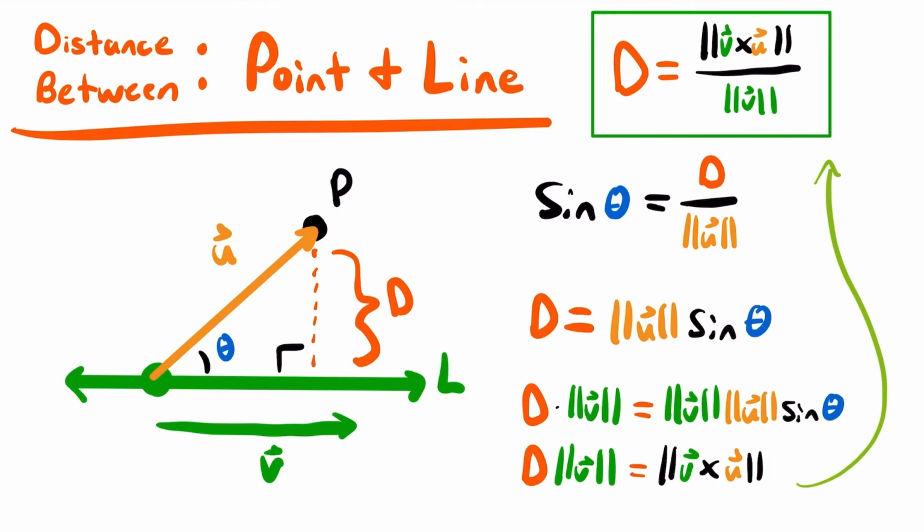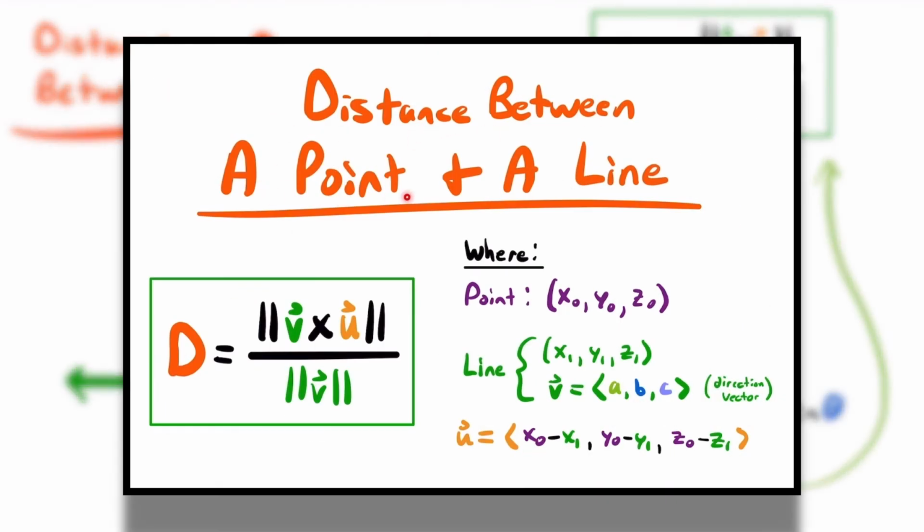Okay, and so to summarize, if you want to find the distance between a point and a line, this is the formula that you want to use. The distance is equal to the magnitude of the cross product between vector v and vector u divided by the magnitude of vector v, where vector v is the direction vector for the line that you've been given, and where vector u is the vector created using the point that you've been given and a point on the line that you've been given.